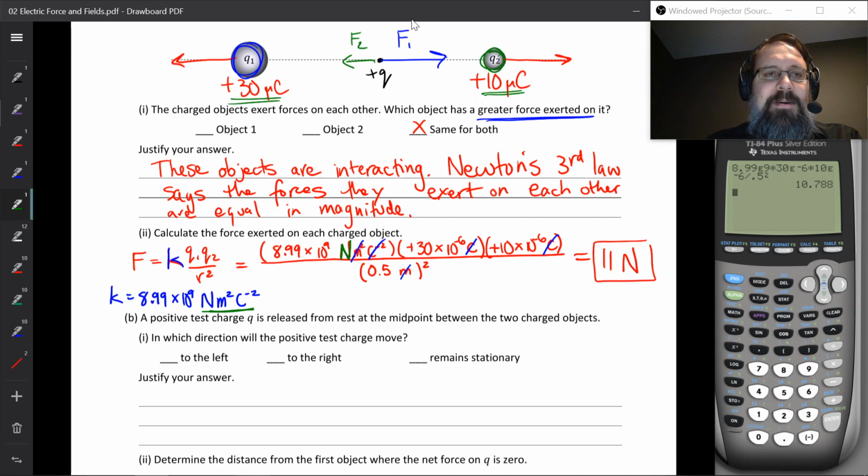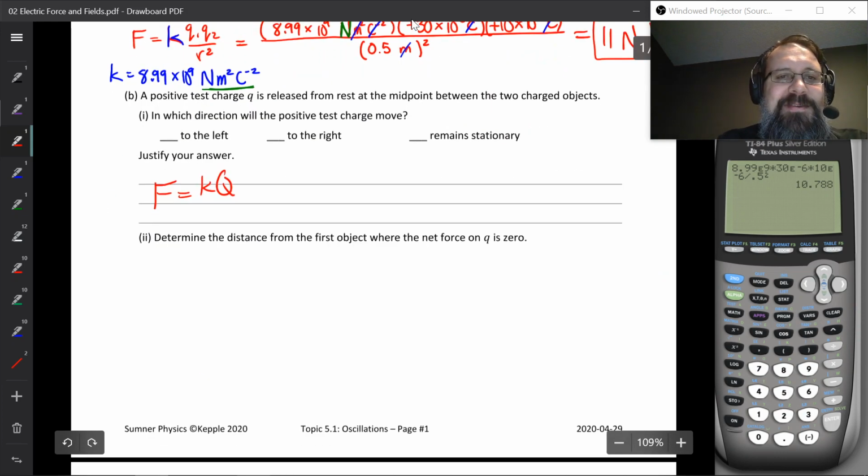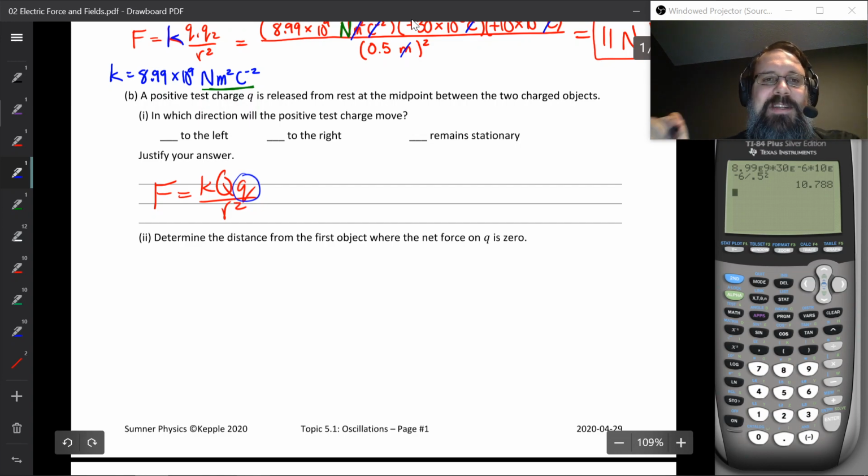So if we think about Coulomb's law, I'm going to write it a little bit differently, as big Q, little q. Let me do this so it's not so low on my screen. Okay, so I'm going to write it like that. The reason I wrote it as little q is because that was our test charge.